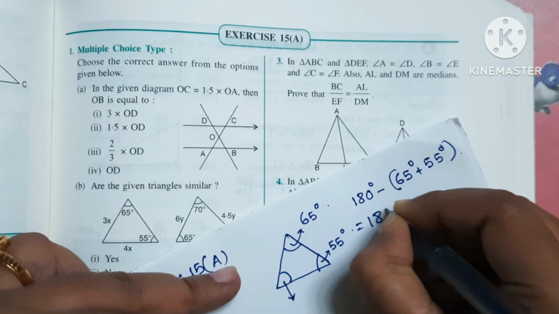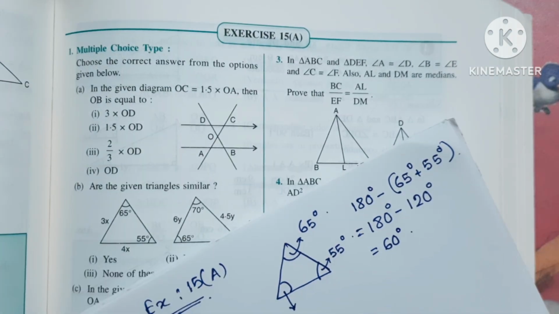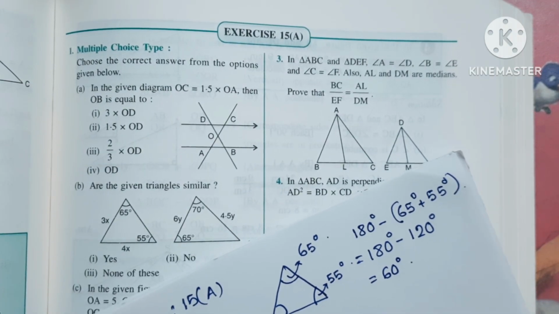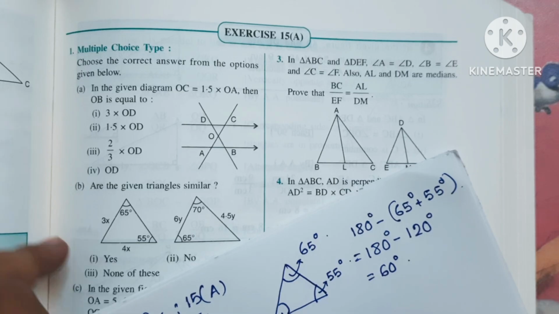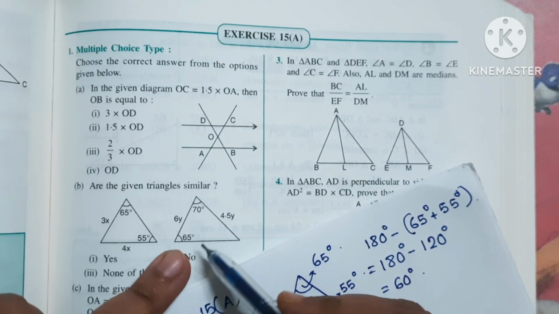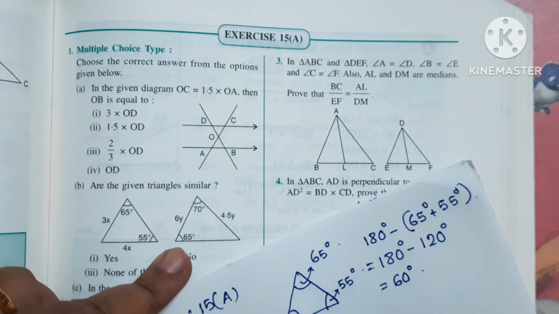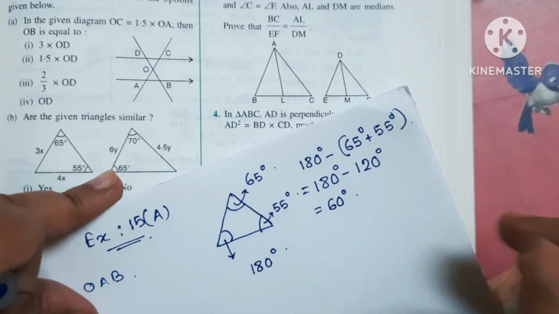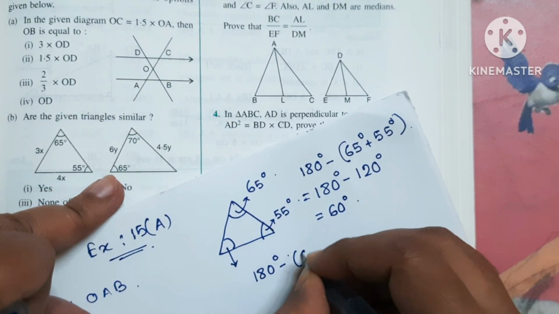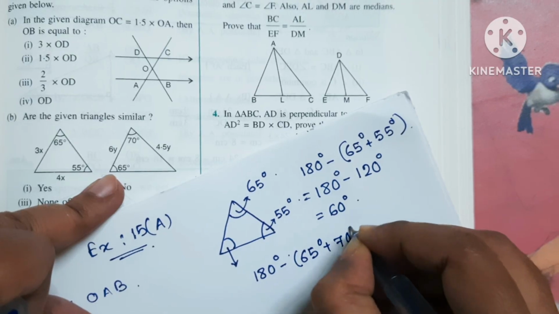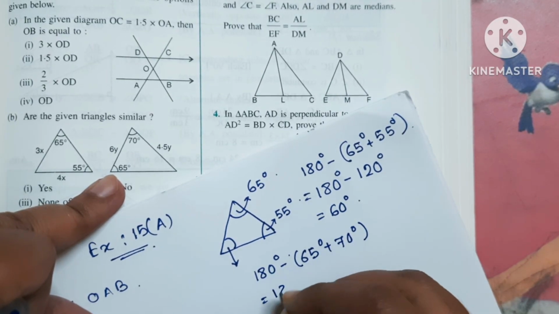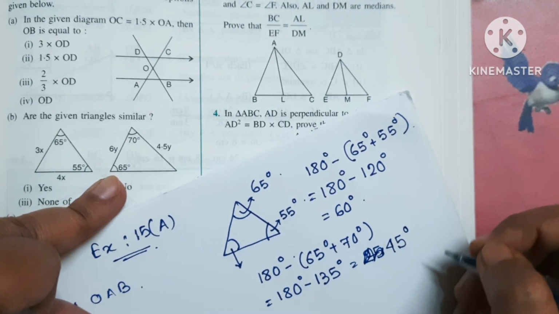Now if you add, this is 60 degrees. And in the second picture, this angle will be 180 minus (65 plus 70). So it will become 45 degrees.